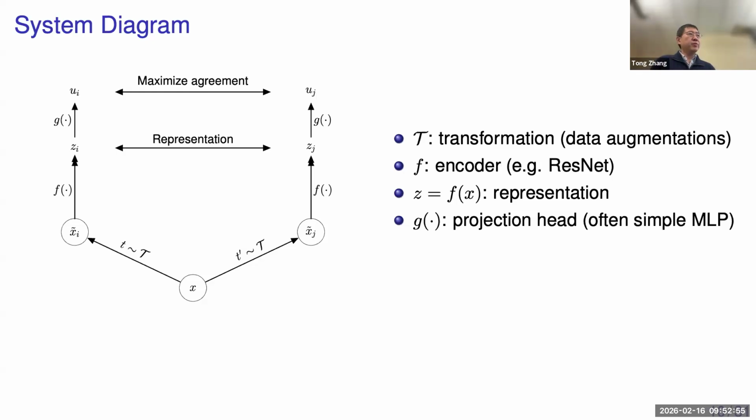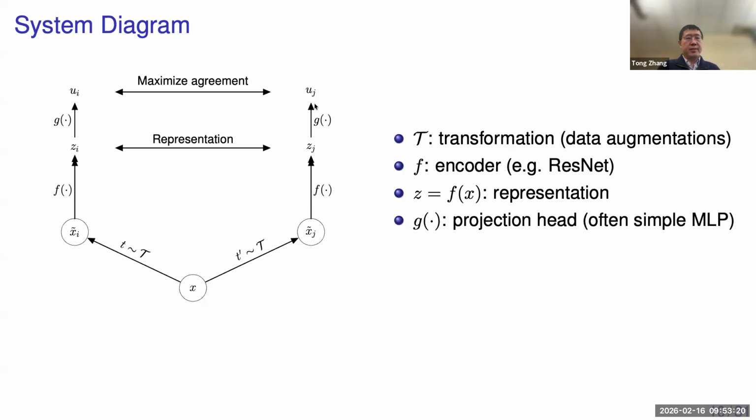So essentially, the loss is computed at U, not at Z. You could compute it at Z, by the way. The reason to introduce this is purely performance. After you do this and compute the loss here, you have better performance. There's an explanation, but otherwise you could do it without it.